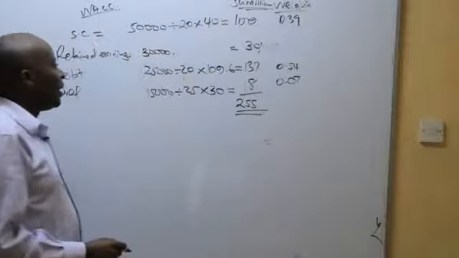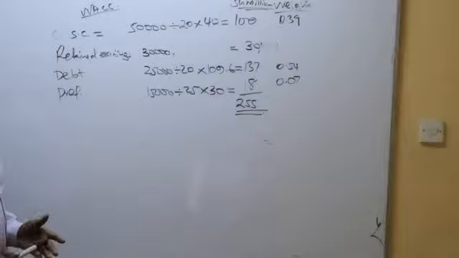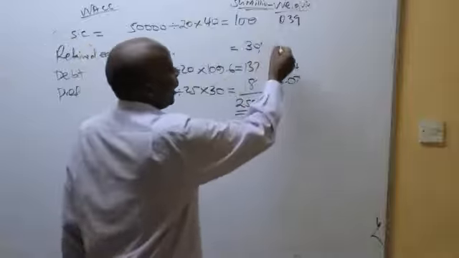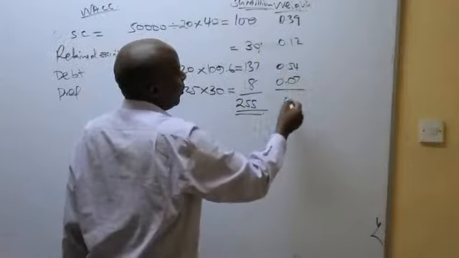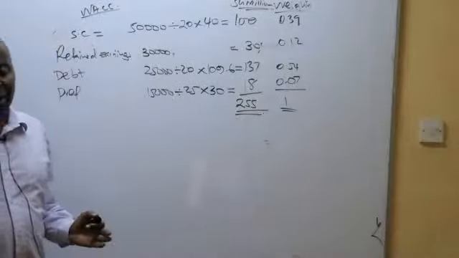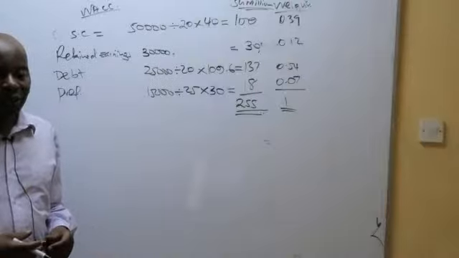How about retained earnings? I'm being given 0.12. And if you add all the proportions, you'll end up getting 1 or thereabout. It has to be something close to 1.